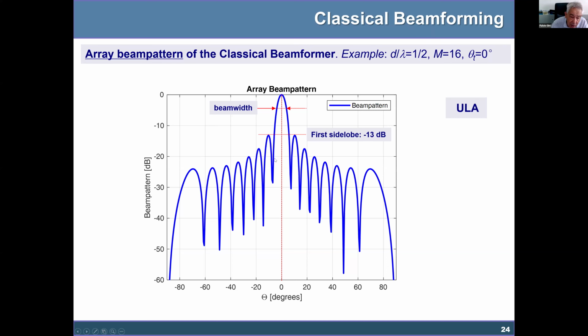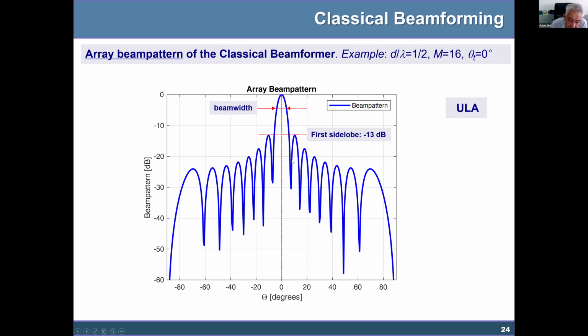So we have a main lobe with a peak exactly at the true directional arrival. The width of the main lobe, we will calculate exactly. But if you calculate in frequency, it's on the order of the reciprocal of the number of sensors. So it's inversely proportional to the array aperture.